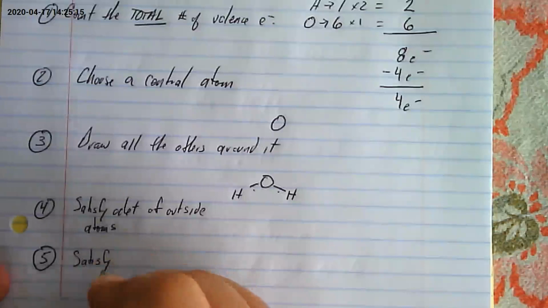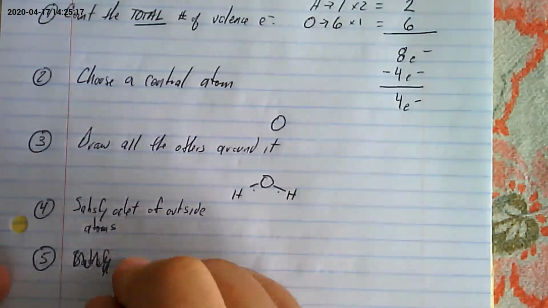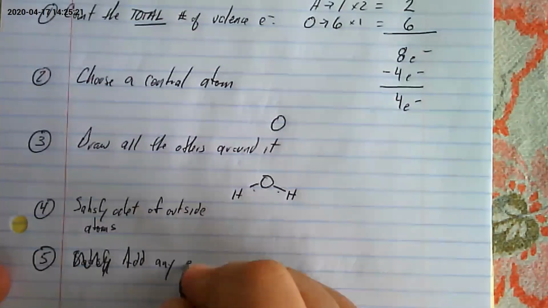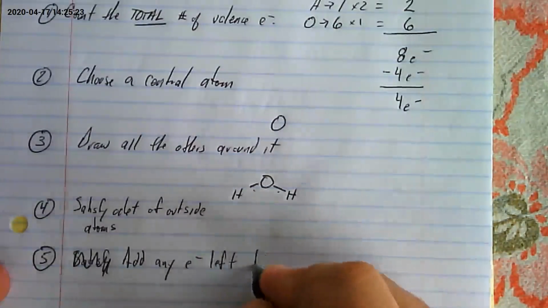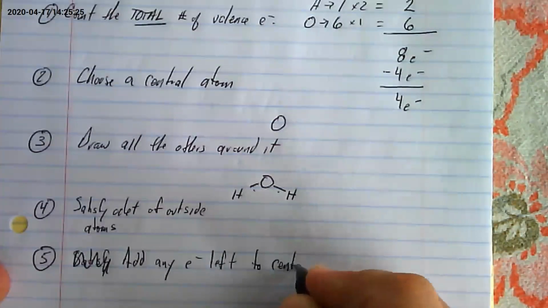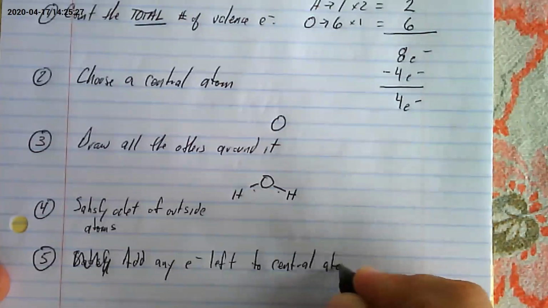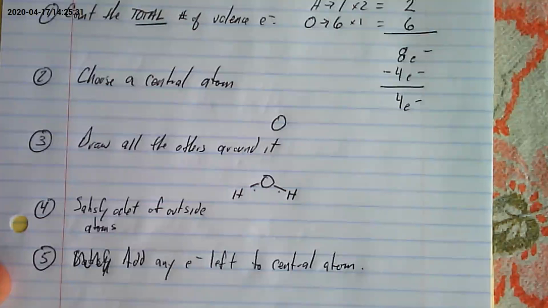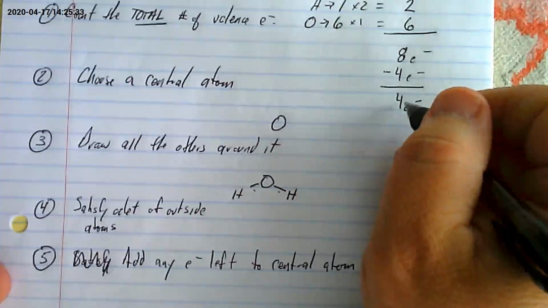As we learned way back in October, hydrogen and helium only have 1 energy level, so they can only fit 2 electrons. So hydrogen does not need 8, hydrogen needs 2, and that's it. So if you look right now, both of these hydrogens have 2, so you can't add any more. So you leave it.